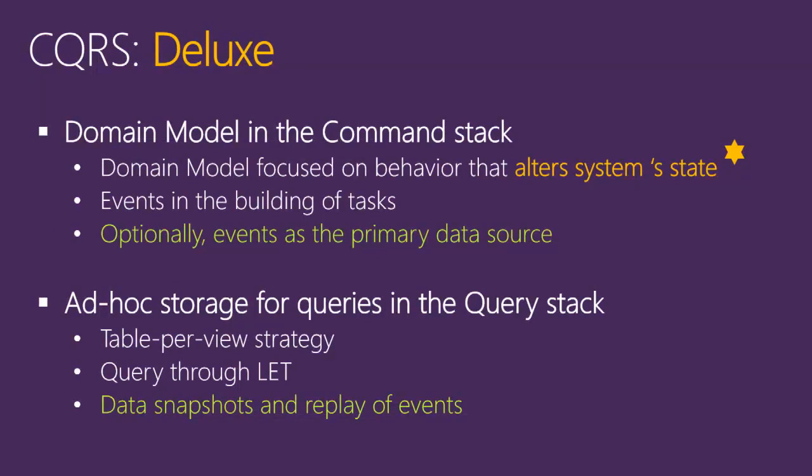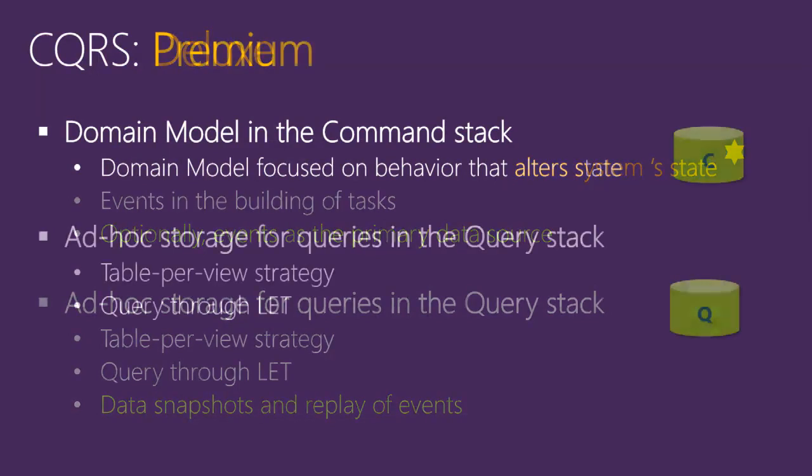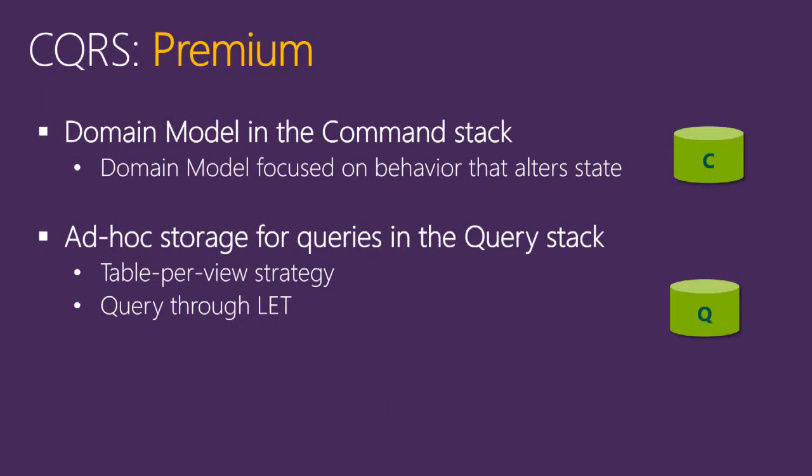Let me switch back. Domain model in the command stack, table per view ad hoc storage for queries in the query stack. One of the key things that change here is that when you have a domain model, you pay a lot of attention to the types you use to model the entities. So if we are talking about orders made of order details, an order detail has a quantity, a product, and maybe a price.